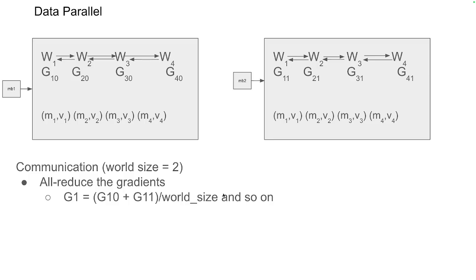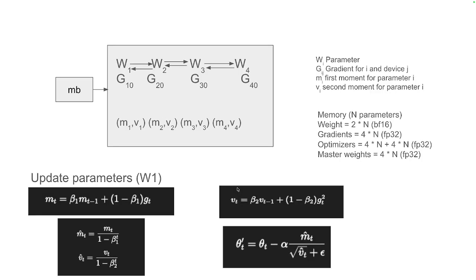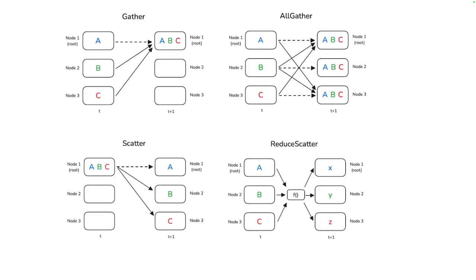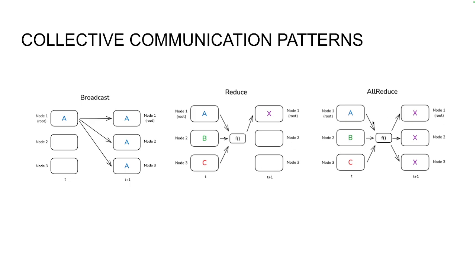So when you have to do an update, you have to sync these gradients G40 and G41. And if you remember from our communication patterns, let me go back to all reduce here. You have a gradient here, and you have another gradient here.